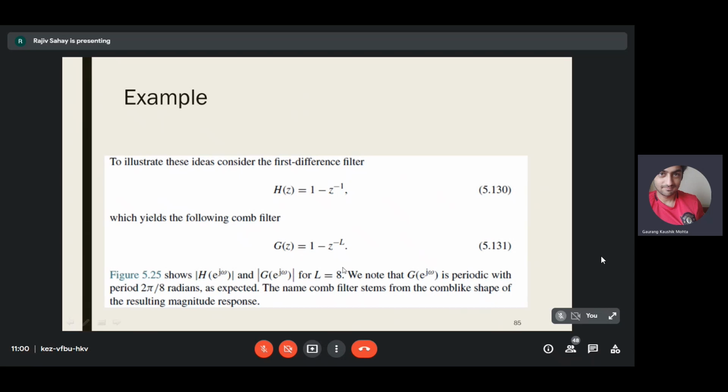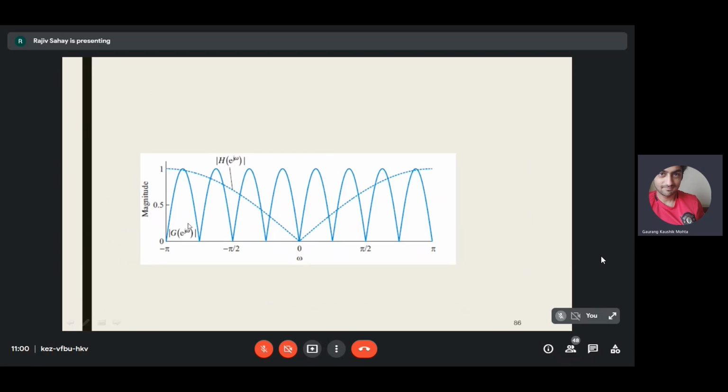So in this example L is equal to 8, and you can count the number of spectrum replications. This looks like a comb, therefore it is called a comb filter.